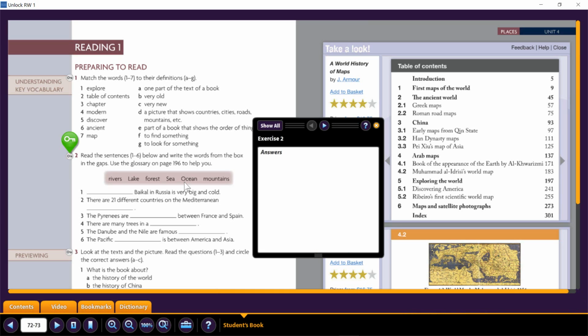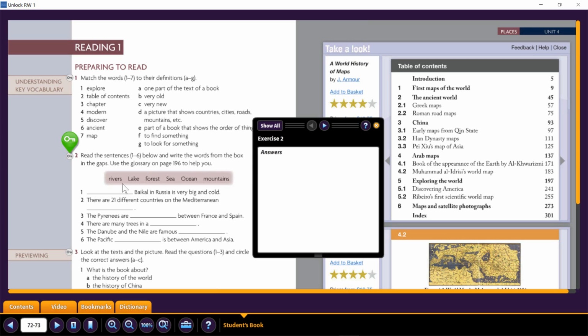Okay, ladies, number 1. Baikal in Russia is very big and cold. What do you think? What is this one? Is it rivers? Is it lake? Is it forest, sea and ocean, or mountains? What do you think? So since here, use your logic, ladies.